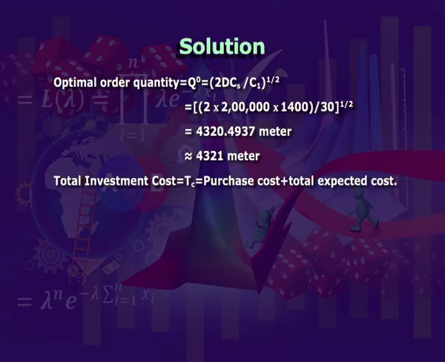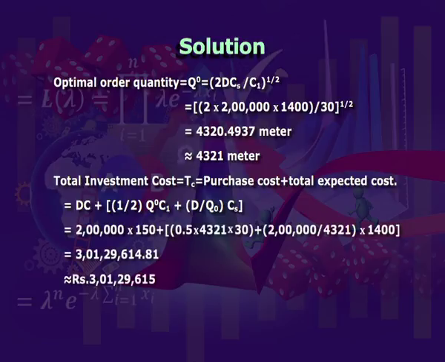Total investment cost is given by TC equal to purchase cost plus total expected cost. By the formula, it becomes D into C plus 1 by 2 into Q0 C1 plus D by Q0 into CS.